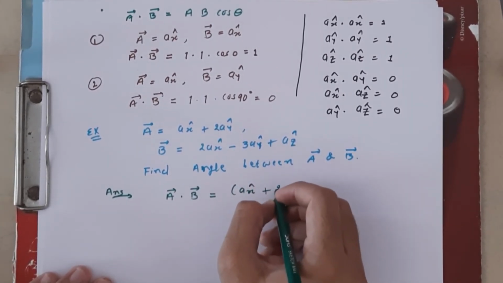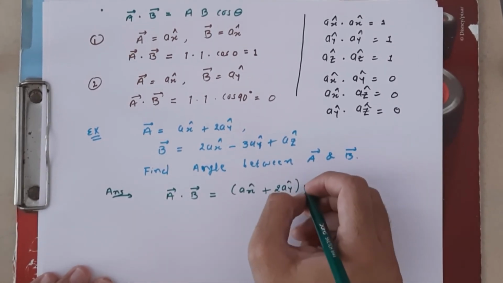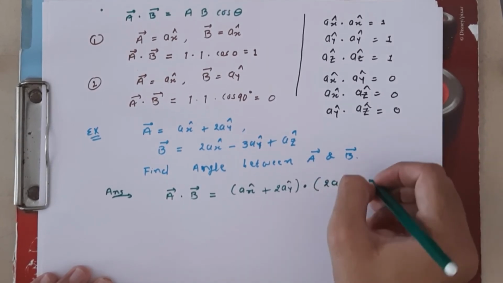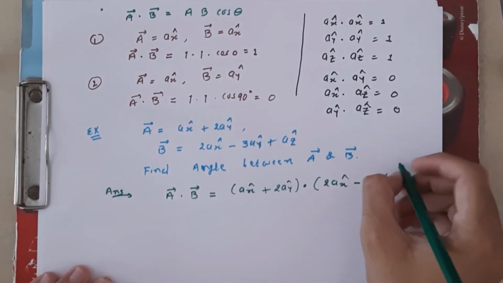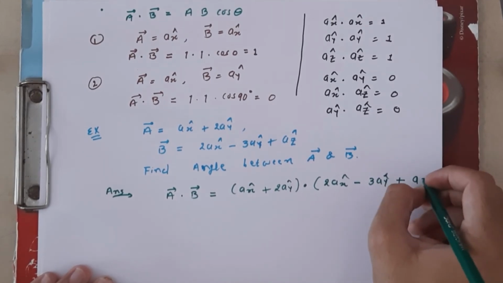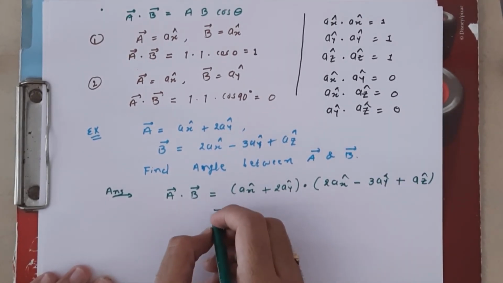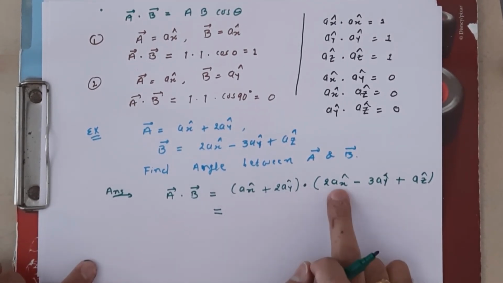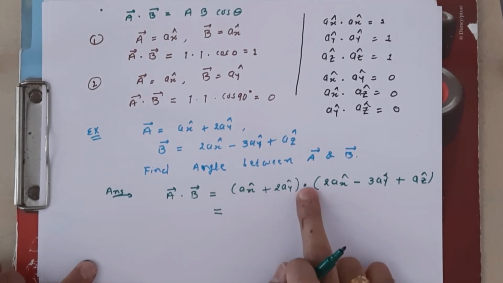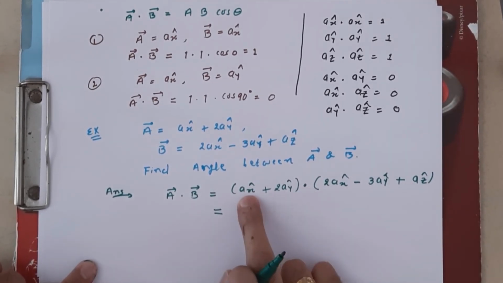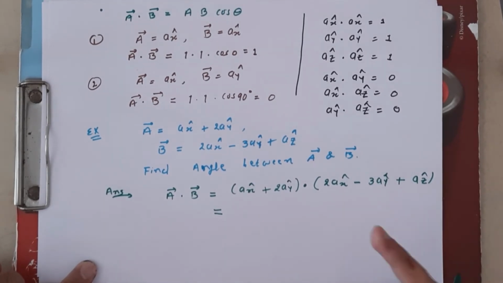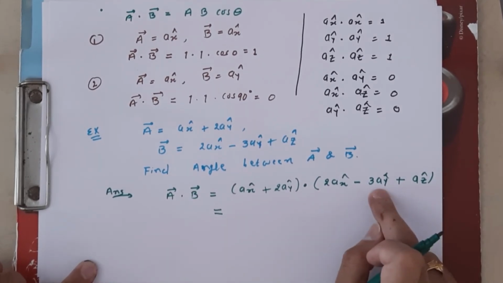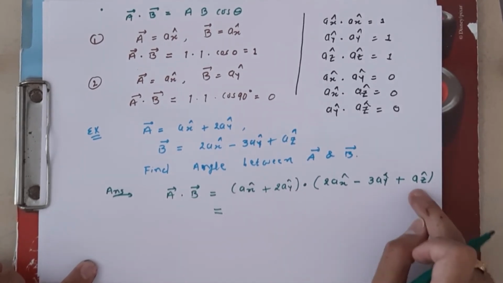See here, it is AX plus 2AY dot with 2AX minus 3AY plus AZ. Now to do the dot product between these two vector quantities, first I have to pick AX dot with 2AX, then AX dot with minus 3AY, AX dot with AZ, then next 2AY dot with 2AX, 2AY dot with minus 3AY, 2AY dot with AZ.